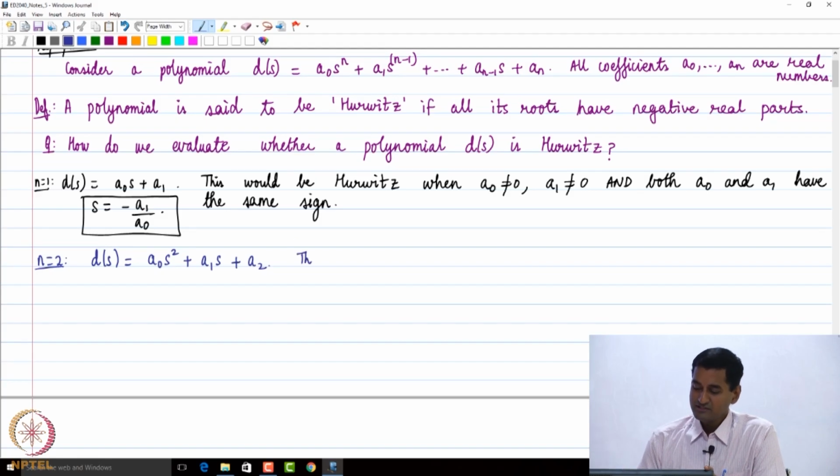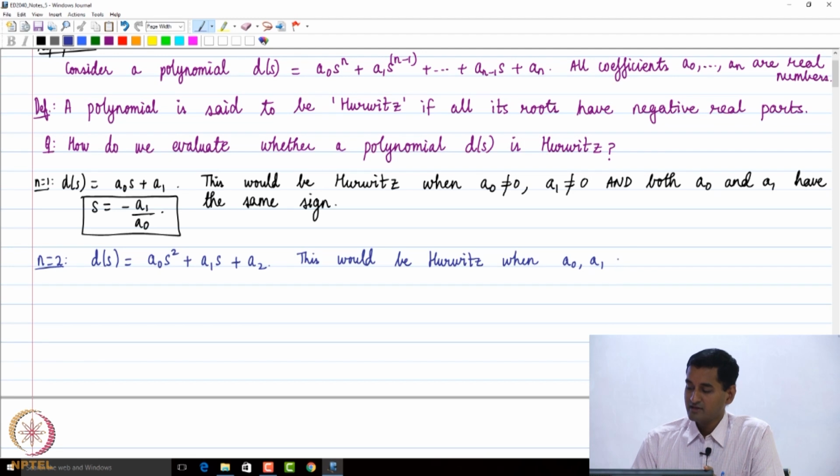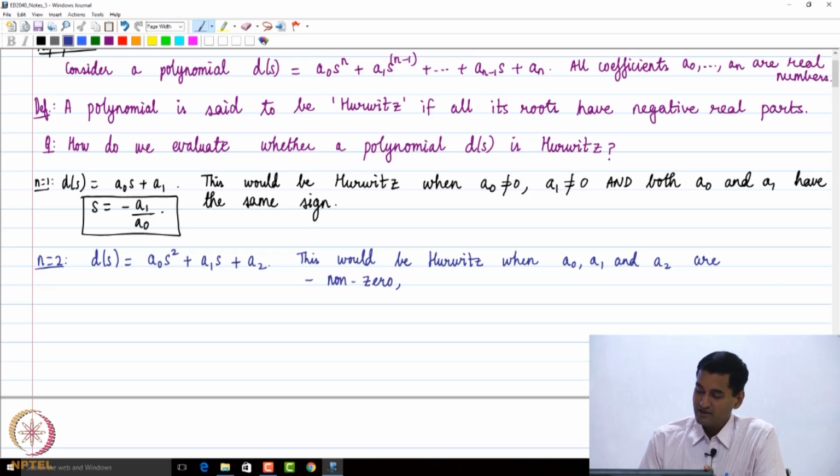So it turns out that this polynomial would be Hurwitz when a0, a1 and a2 are first of all non-zero, and of the same sign. Once again the same criteria.